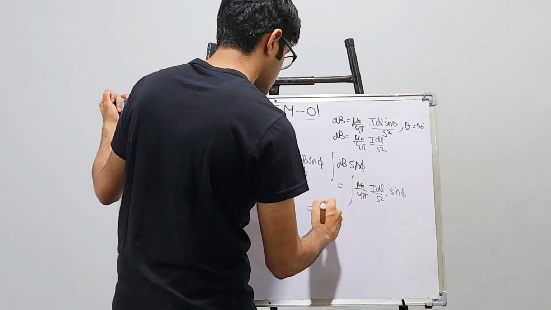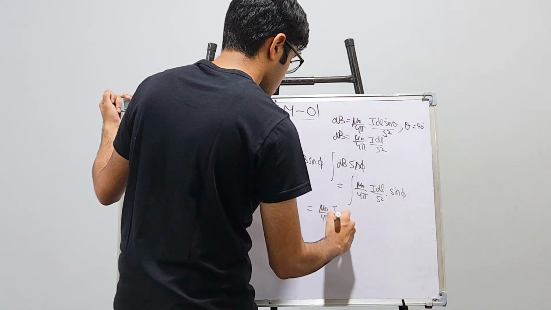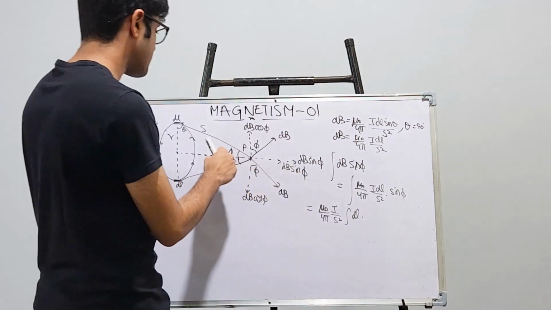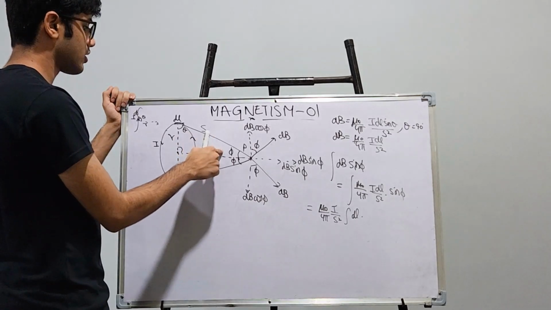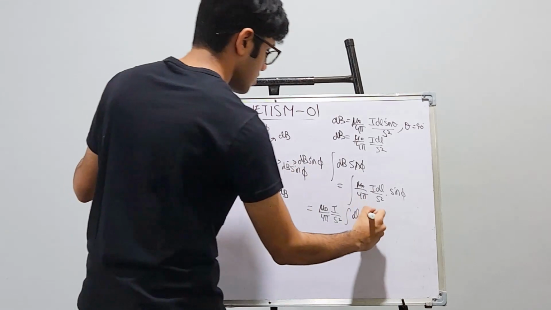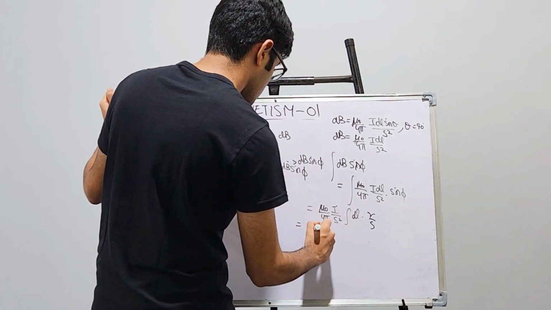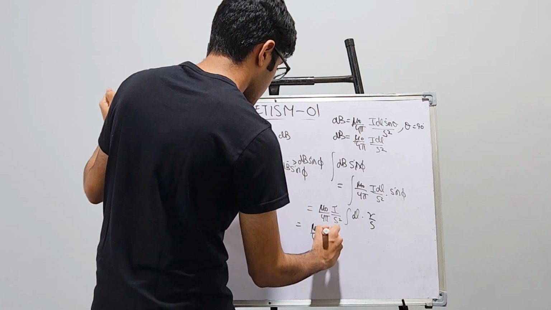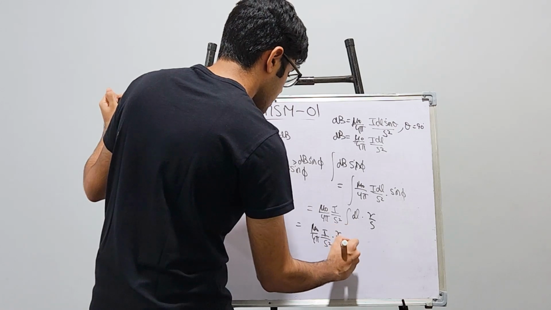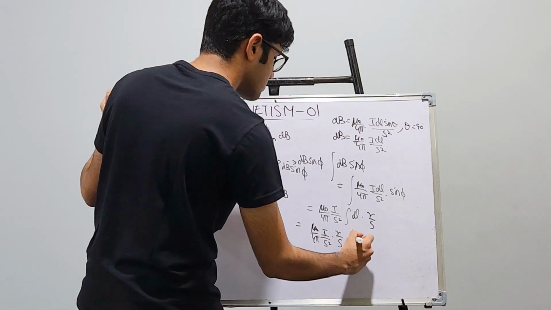These are all constant, so mu naught by 4 pi I by s squared, integration dl, and sin phi is perpendicular by hypotenuse, so r by s. This is then mu naught by 4 pi I by s squared r by s. Integration of dl would be from 0 to 2 pi r, so you would just be left with 2 pi r.